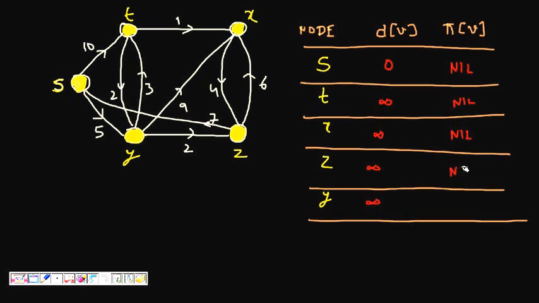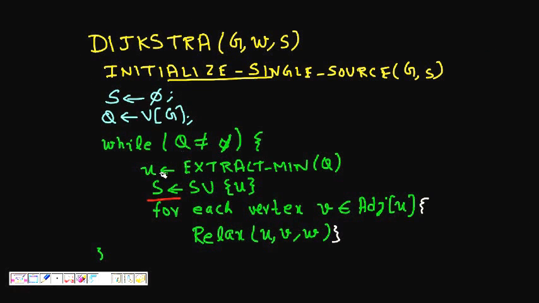This is the status of the graph after the initialization part, and this is done in O of mod V time, that is, the number of nodes. Then we have S as the empty set of shortest paths, and Q containing all the vertices of G.